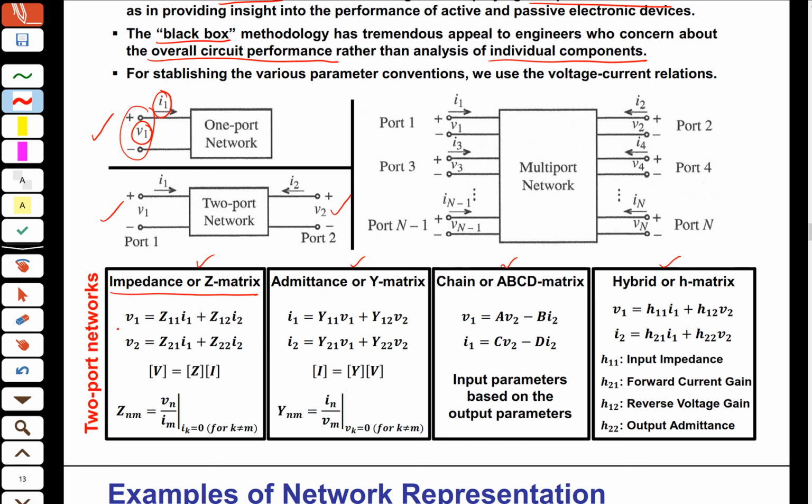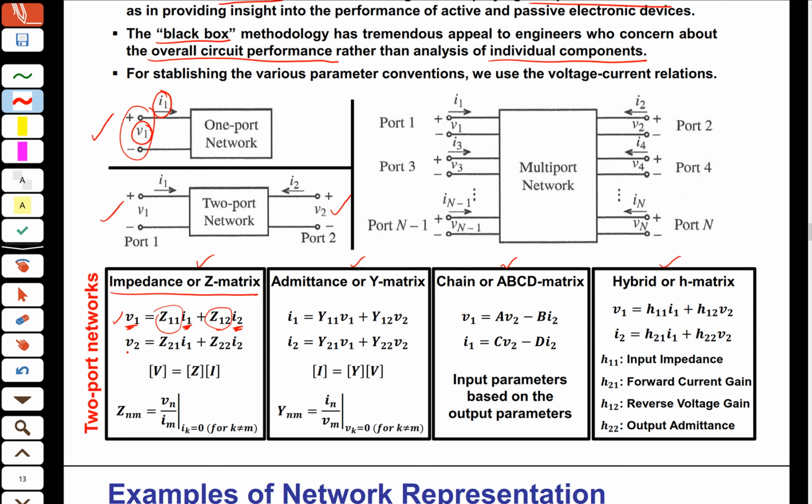If I say the voltage at port 1, for example in a two-port network, what is the relation between the voltage at port 1 and the current at port 1 and current 2? Then I define two parameters, Z11 and Z12, and these two parameters are the characteristic of my network.